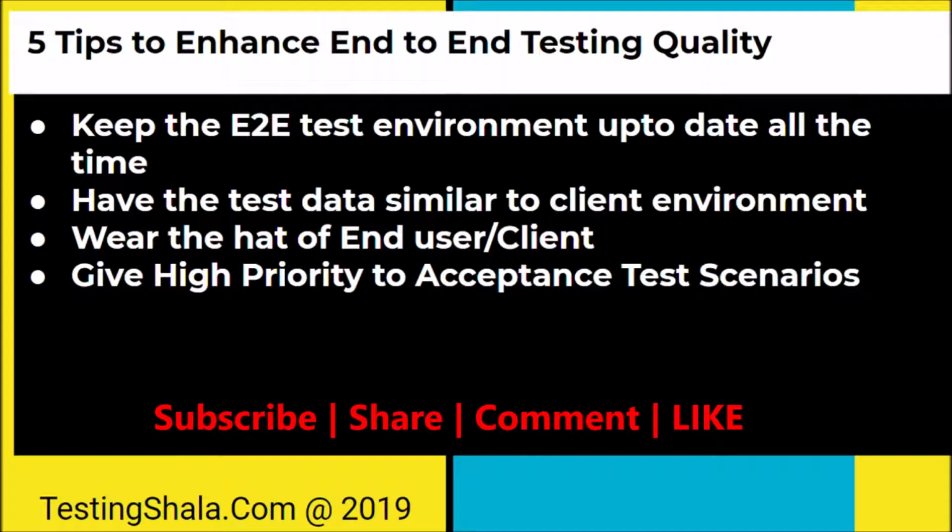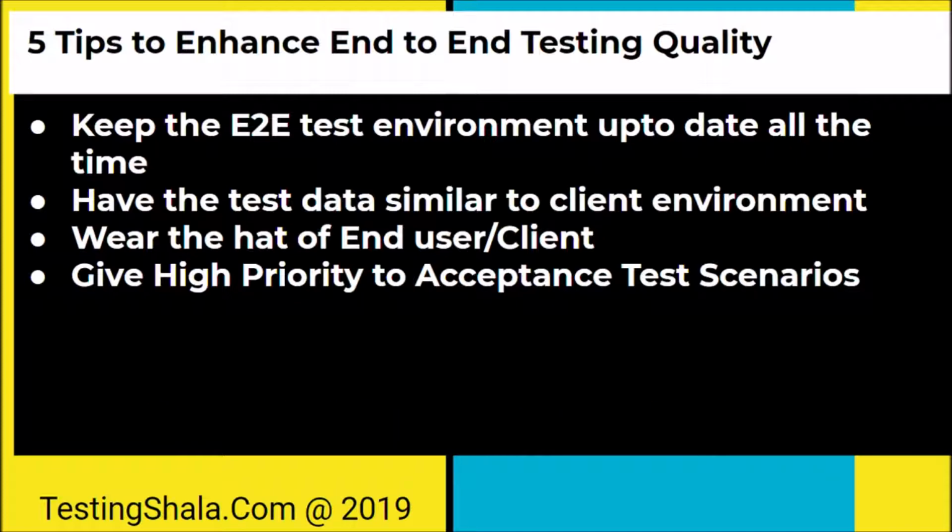Once you execute these test scenarios and complete your testing, you sign off and hand over to the end users or client. The client or end users are also going to do a similar kind of testing before they put this application into production. So it is always good to consider the acceptance test scenarios as highest priority.